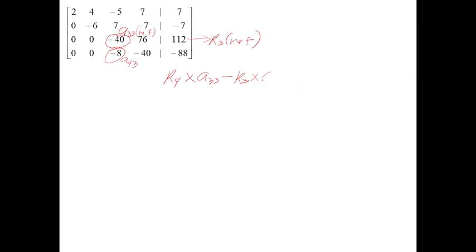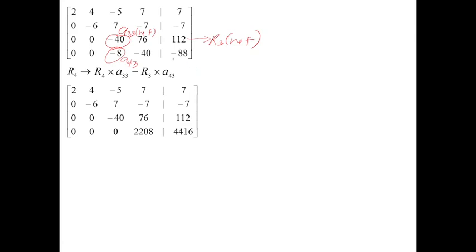Tama po, sir. O, yan na yung conversion. Okay? R4, A33 minus R3, A43. O, isa lang. Wala na nasa ilalim. So, perform na natin. At ito yung magiging result.